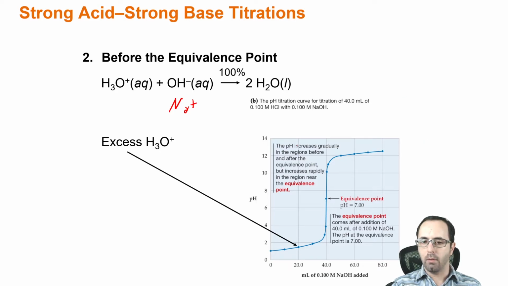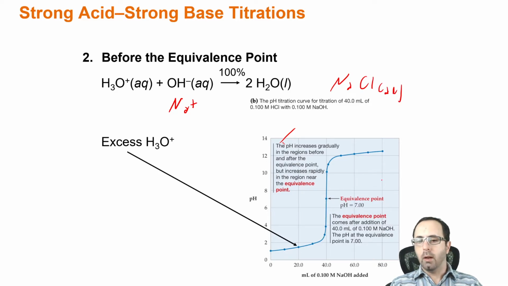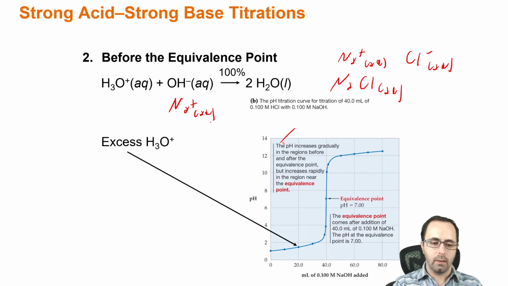Of course, we'd have over here on the right side aqueous sodium chloride as another product. But we don't even have to write that, because the sodium ions and the chloride ions aren't doing anything. They're spectators, so that's why we didn't write it.